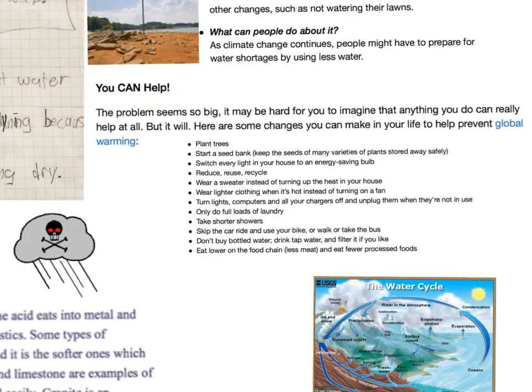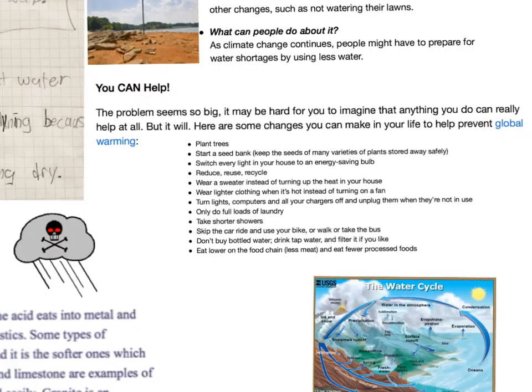The problem seems so big it might be hard for you to imagine that anything you do can really help at all, but it will. Here are some changes you can make in your life to help prevent global warming. Plant trees. Start a seed bank. Switch every light in your house to an energy-saving bulb.